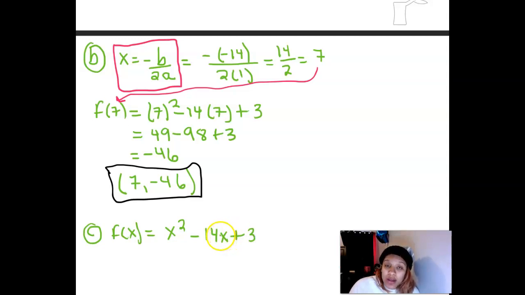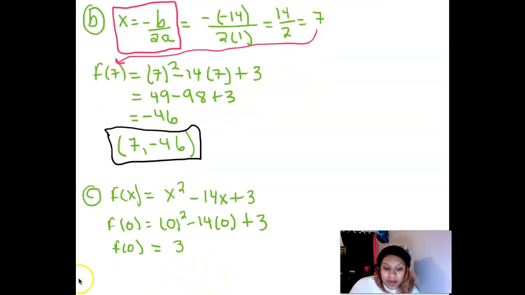You're looking for the y-intercept, so you want to substitute 0 for the x in order to find the y-intercept. 0 squared is just 0. Negative 14 times 0 is just 0. Plus 3 is just 3. So when x is 0, the y is 3. So the y-intercept is the point 0, 3. You really didn't need to do this part here, but it's good for you to see the work.